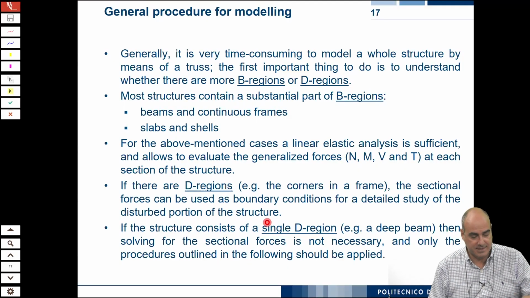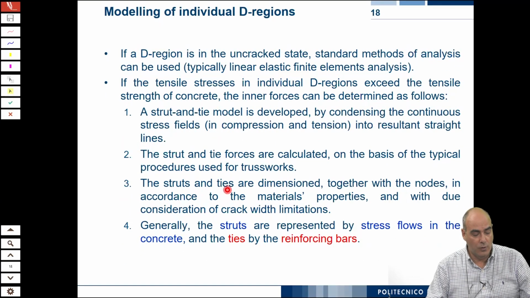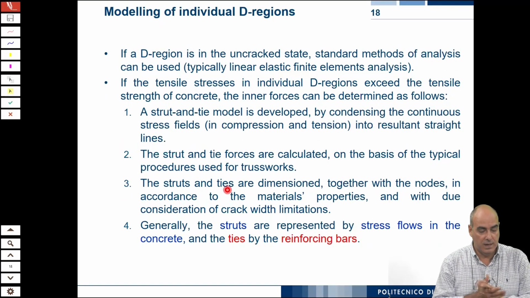So this is the first step. B regions we know how to design. Then D regions have to be singled out and studied separately, and to design the D regions we use the strut and tie model.